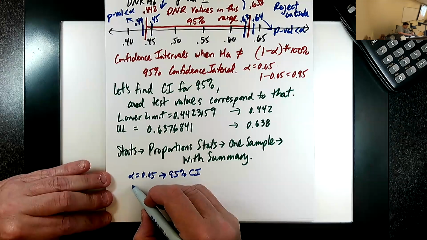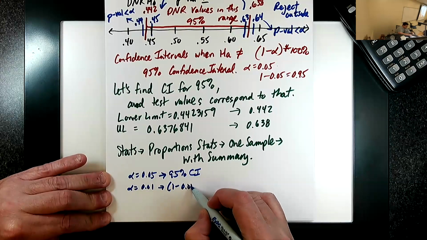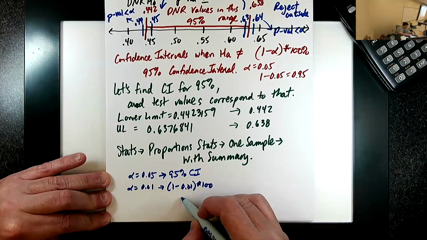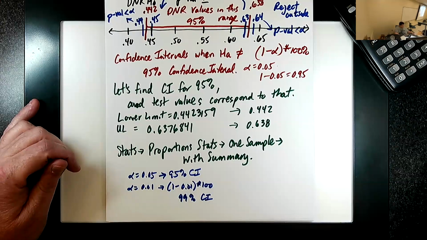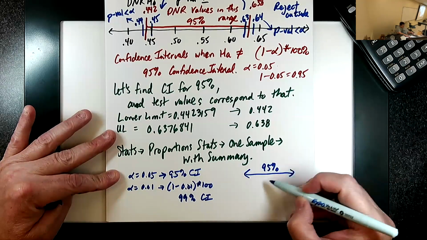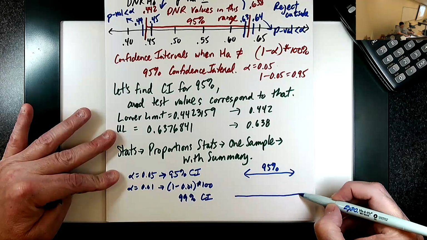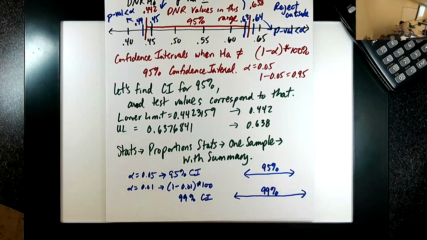If we switch to alpha equals 0.01, we've got to do 1 minus that, and we're going to get 99% confidence. If 95% is this wide on the confidence interval, 99% is a little bit wider. I think we talked about that yesterday, or it's at least in the lecture videos.